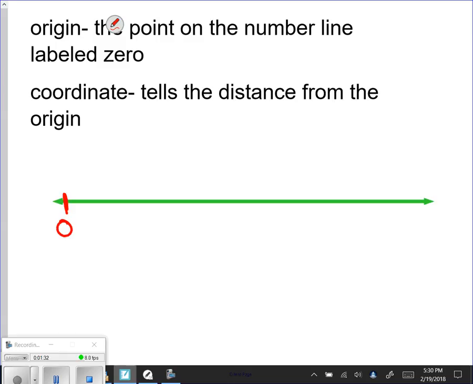So what we're going to do is practice taking a number line and breaking it up into parts and saying what value letters can be. So we're going to start with our origin, and I'm going to show you how to break it up into parts.